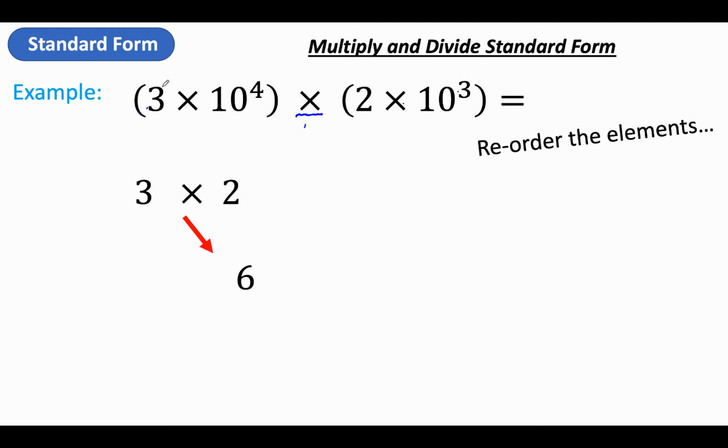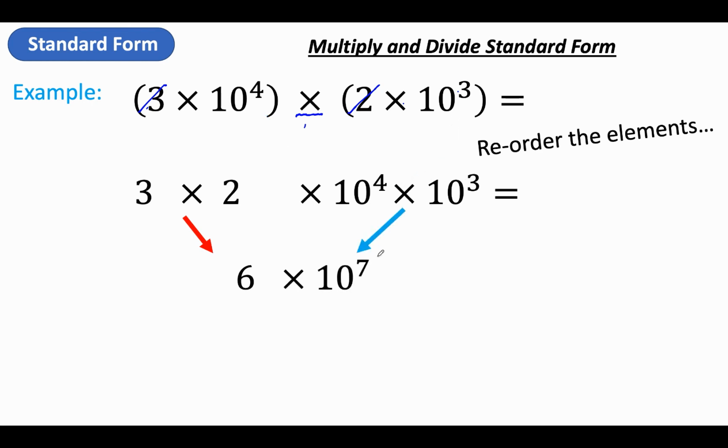And then I'm going to look at the powers of 10, and I'm going to put those together. So 10 to the power of 4 times 10 to the power of 3. Now, if you remember from your index laws, if we're multiplying, we just add the two powers together. So I'm going to do 4 plus 3 to get 10 to the power of 7. And we've actually already answered our question. We've got 6 times 10 to the power of 7.